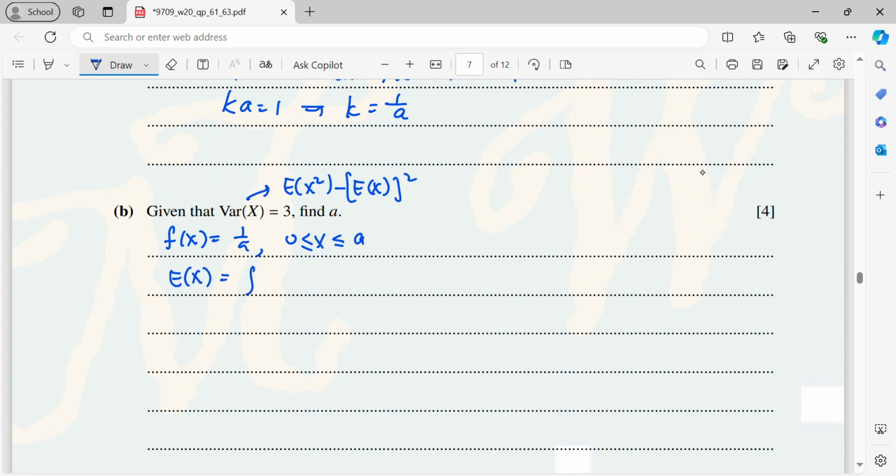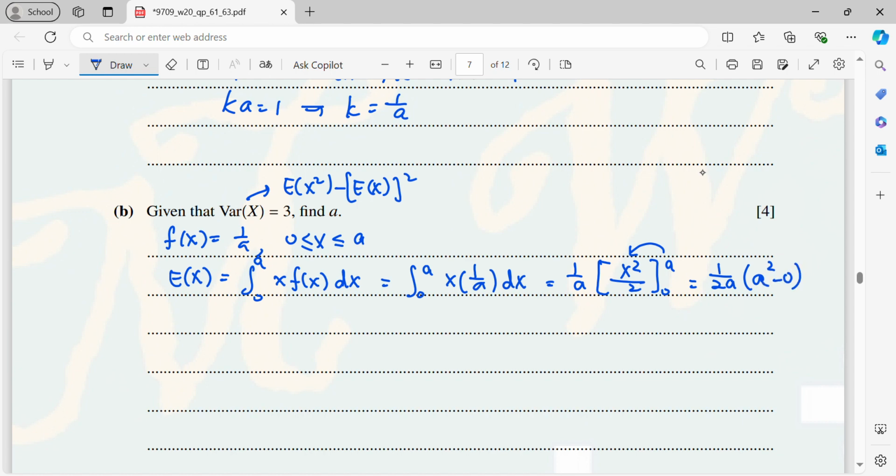E(X) is defined as the integral of x f(x) dx. Here it will be from 0 to a of x times 1 over a dx. Since a is a constant, you can take it out. Integrating x gives x squared over 2, so it will be 1 over 2a. Then replace x by a, so a squared minus 0. At last, I get a over 2. That is my E(X).